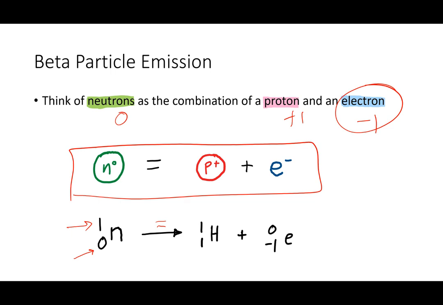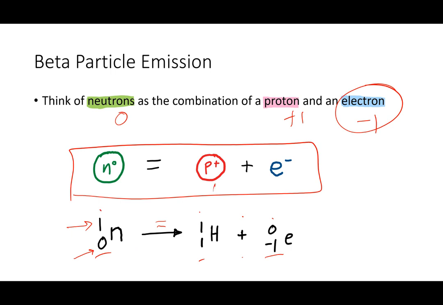So if we're going to emit a beta particle, which is essentially just an electron, we have to be able to add it up. So a -1 plus 1 will give you 0, and 0 plus 1 will give you 1 here.